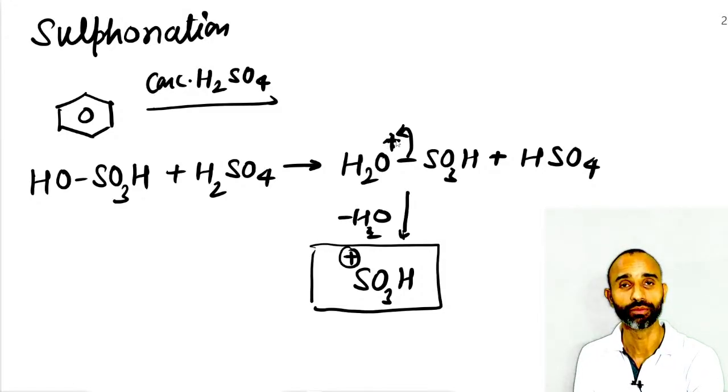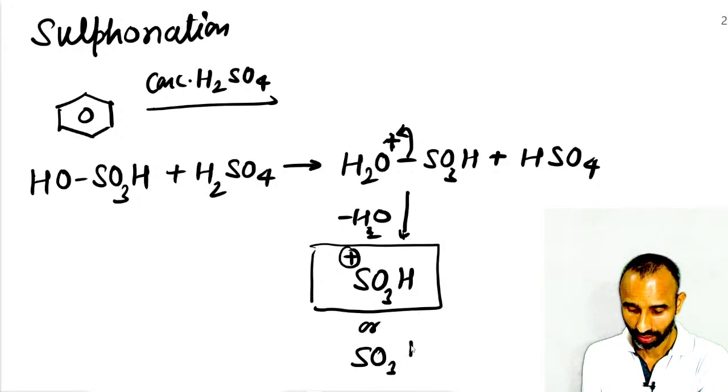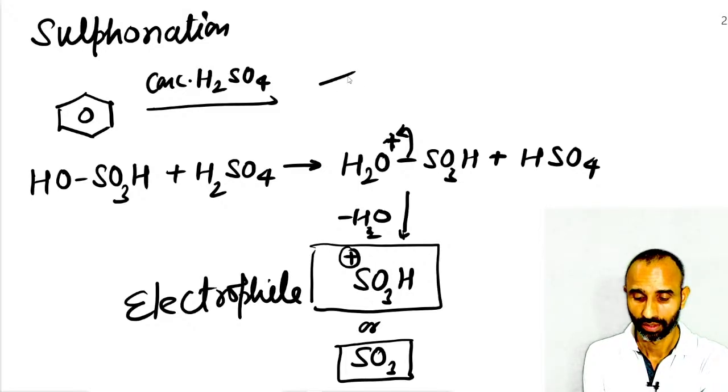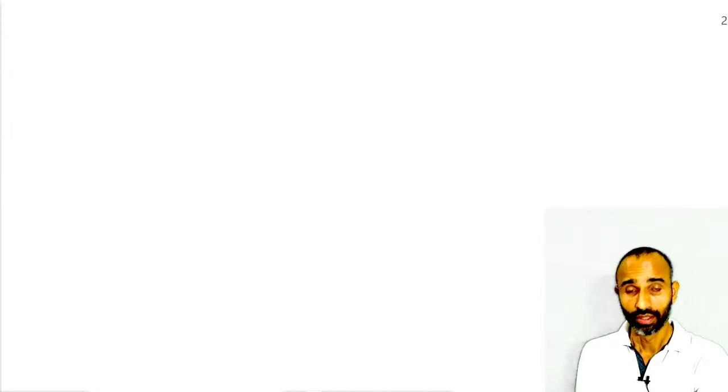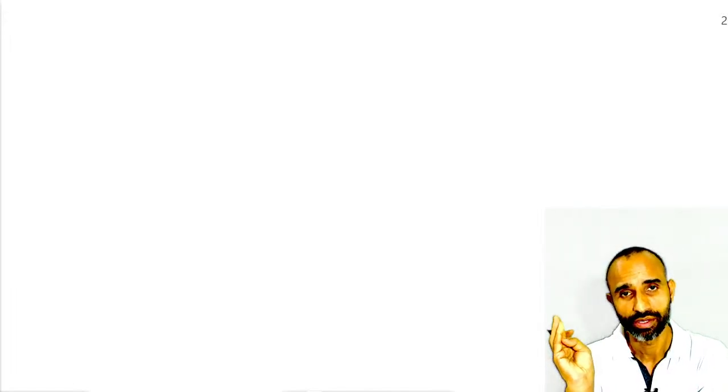So SO3H positive or SO3 is used as electrophile in sulfonation, and we get benzene sulfonic acid. So first halogenation, chlorination, bromination, then there is sulfonation, then nitration, and next is Friedel-Crafts reactions.